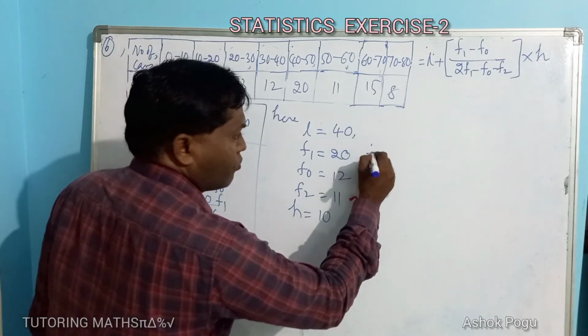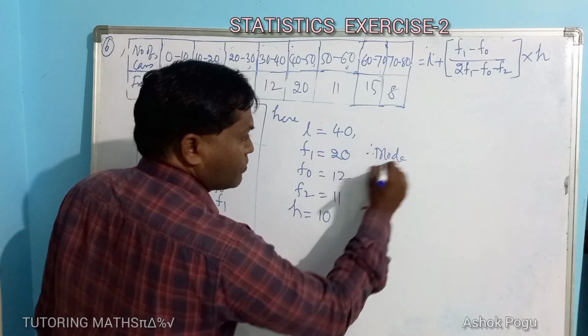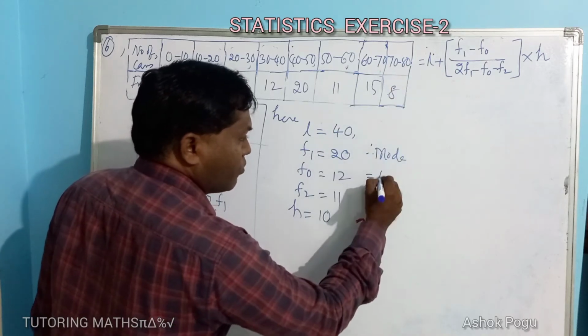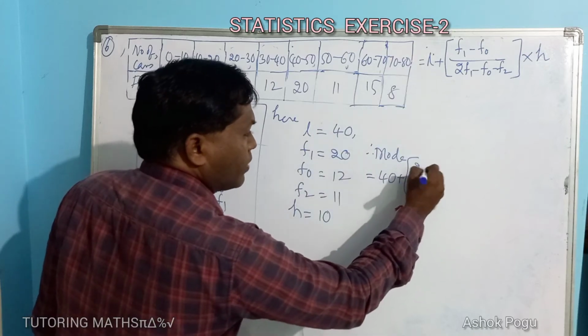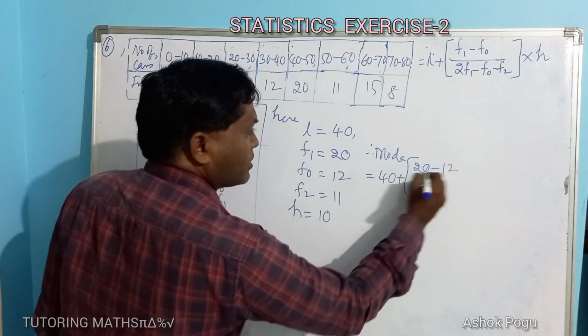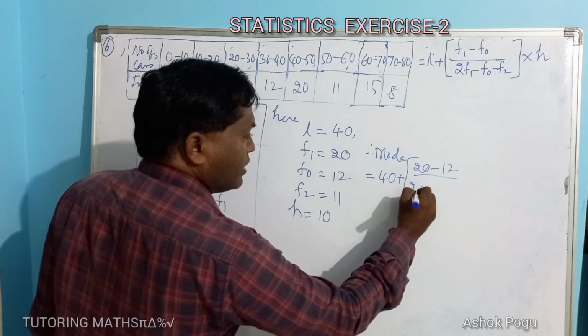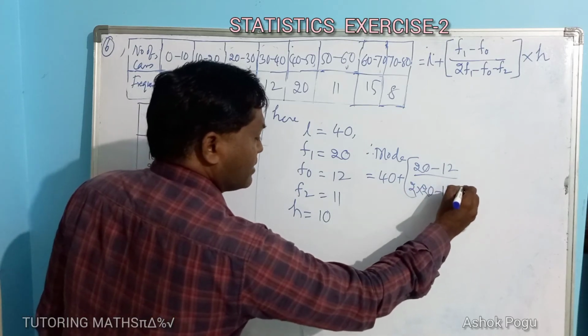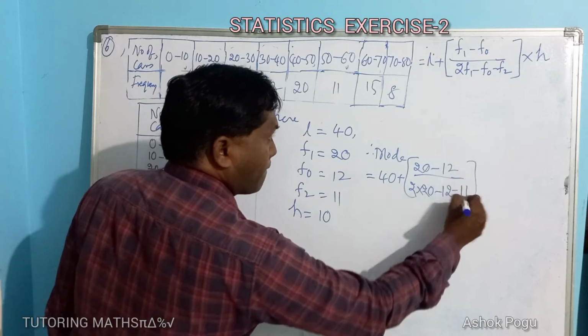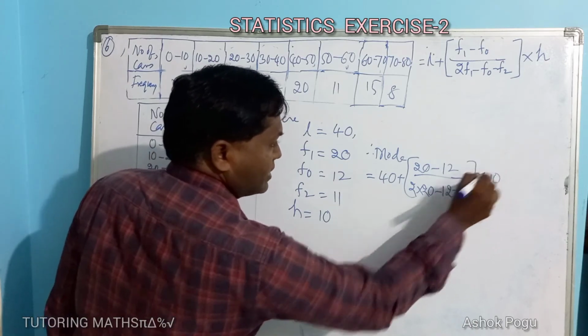Substituting, mode is equal to L, that is 40, plus (F1 minus F0) by (2 into F1 minus F0 minus F2) into height, which is 10.